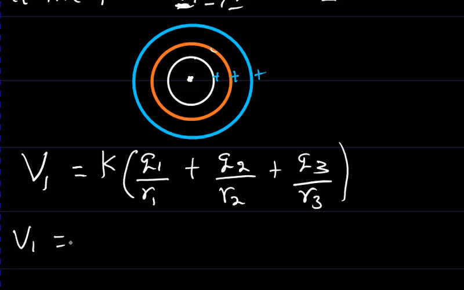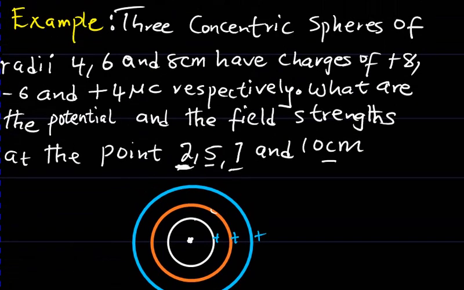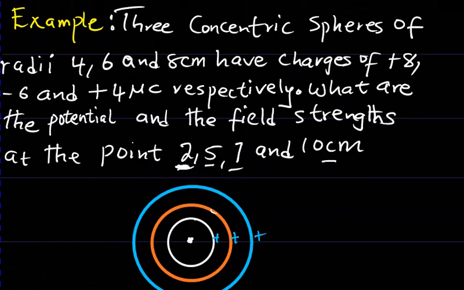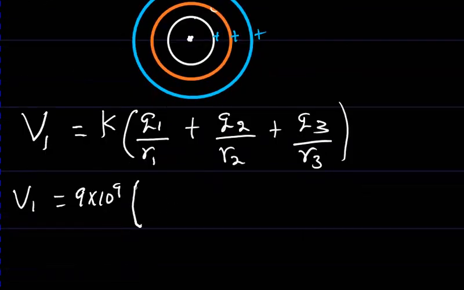V1, the very first electric potential, is going to be 9 times 10 raised to the power of 9, then bracket open, Q1. The charge Q1, of course, is right here. The charge is 8 microcoulombs. That is 8.